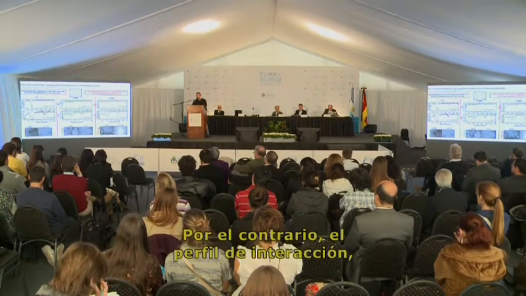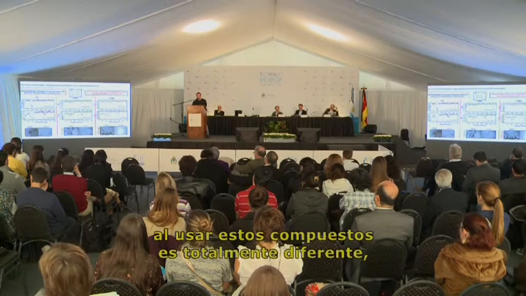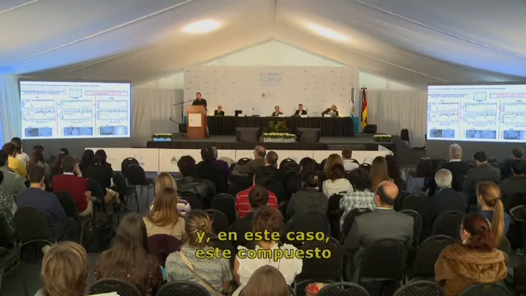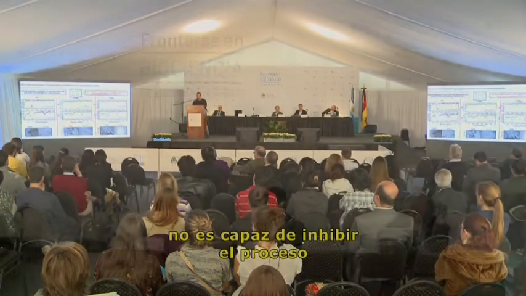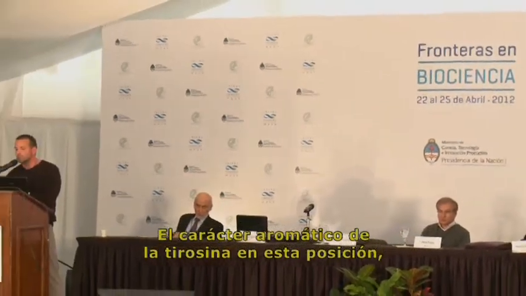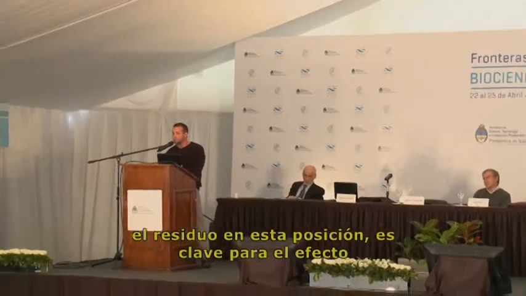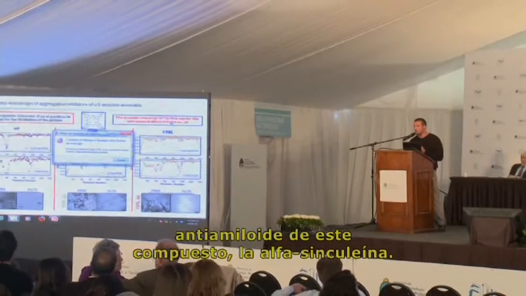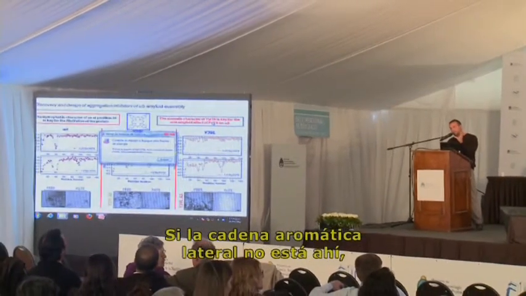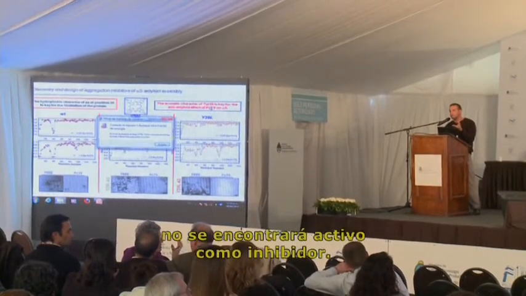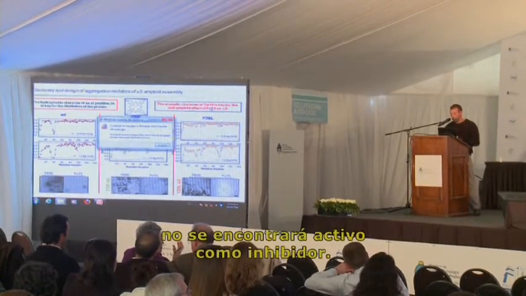But in contrast, the interaction profile when you use this compound, PCT, is completely different. In this case, this compound is not able to inhibit the amyloid fibril formation of the protein. So the aromatic character of the residue at this position is key for the anti-amyloid effect of this compound on alpha-synuclein. If this aromatic side chain is not there, this compound is not active as an inhibitor.